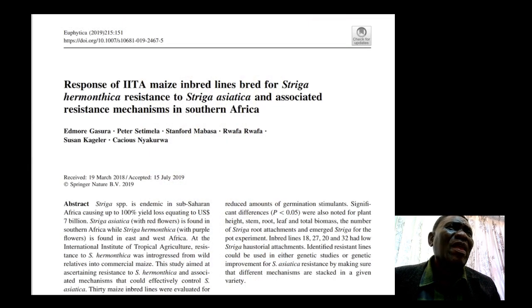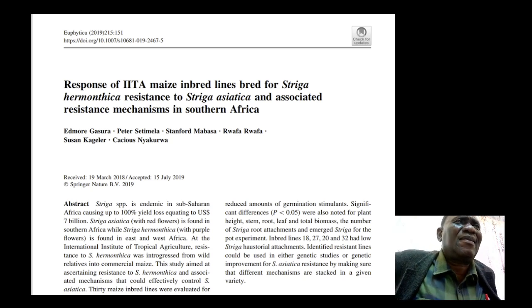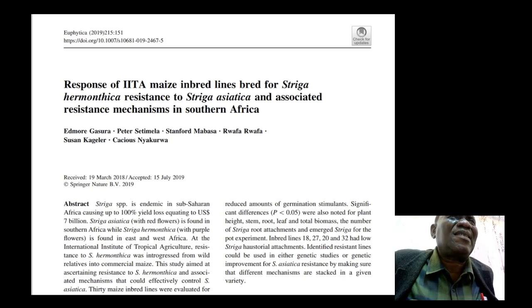Again, there's a paper. So many papers about striga resistance in maize done by our department. If you have time, you can read these stories.